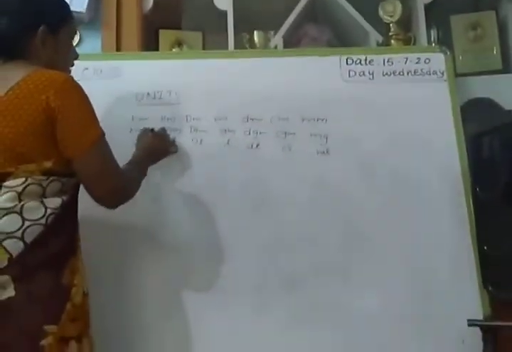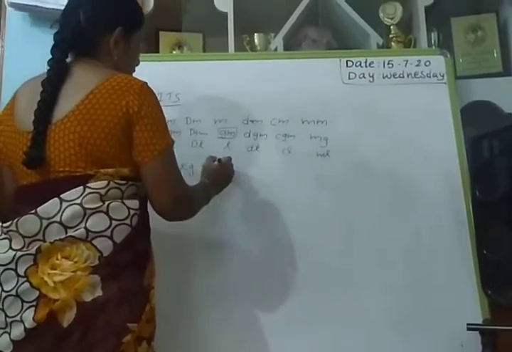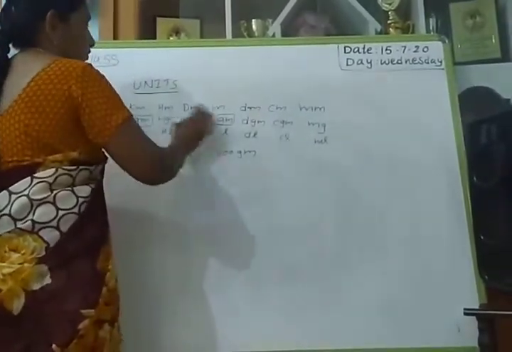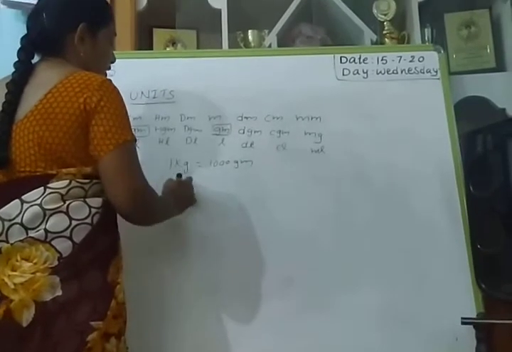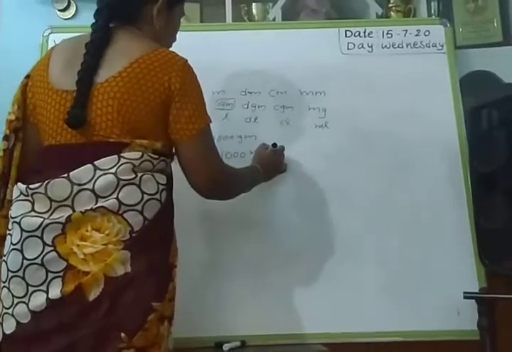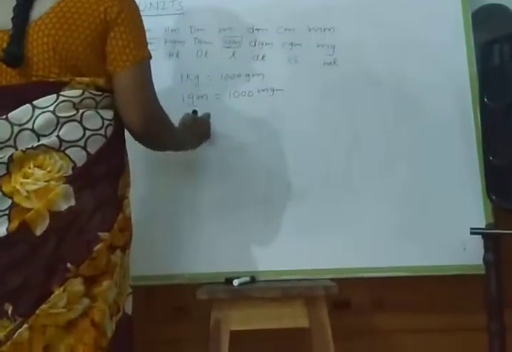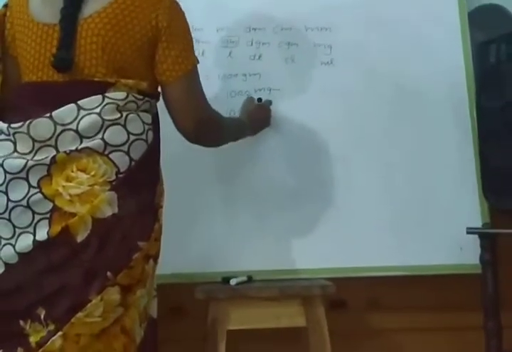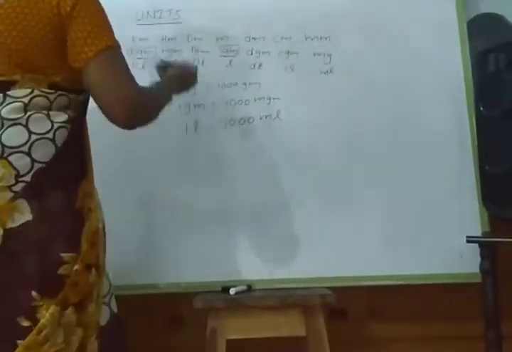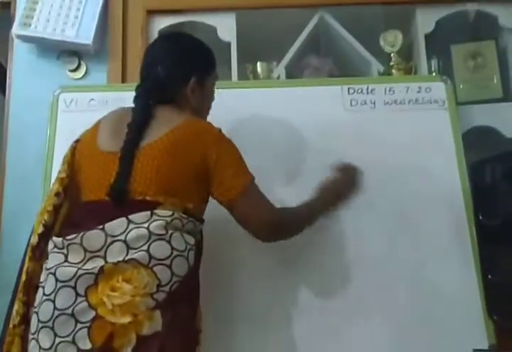Now see, 1 kilogram is equal to how many grams? 1000 grams. See here, three measurements are there. 1 gram is equal to how many milligrams? 1000 milligrams. Like this, 1 liter is equal to how many milliliters? 1000 milliliters. So according to their relation we have to measure.